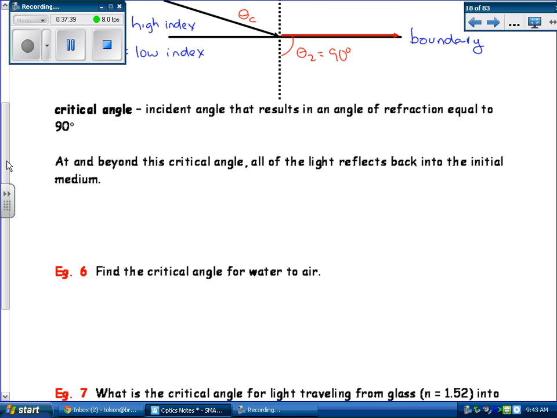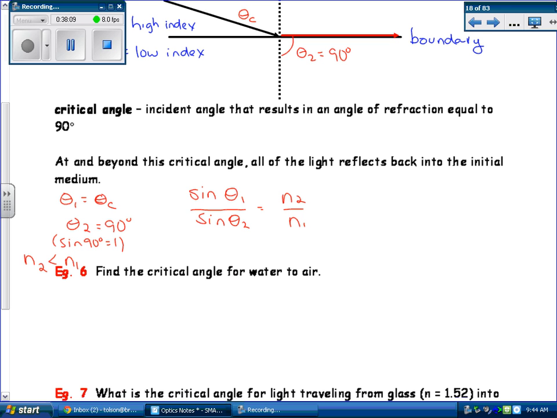So the relationship that you use to deal with critical angle is sine theta 1 over sine theta 2 equals n2 over n1, where theta 1 is your critical angle, theta c, theta 2 is 90 degrees, and sine of 90 degrees is just 1. And n2 must be smaller than n1 for it to work.